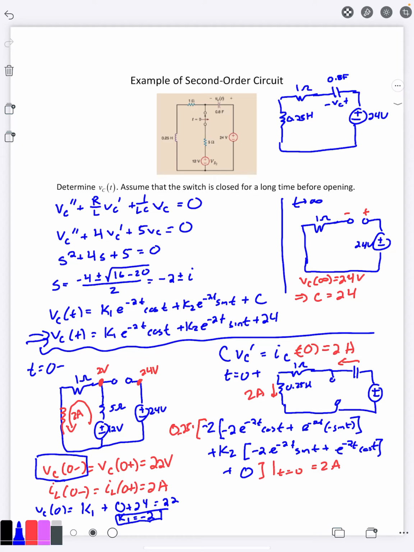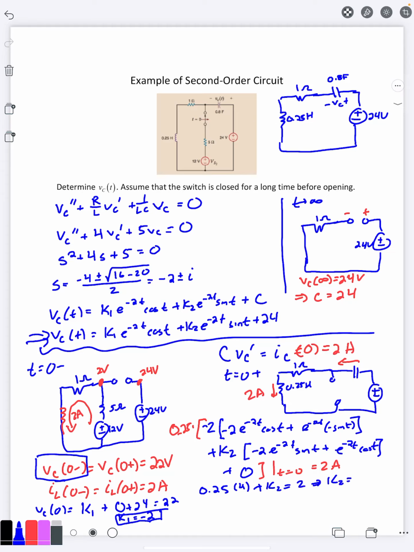So let's see what happens when you plug in 0 everywhere. Well, in the first term, we got a cosine and e are both going to go to 1, so it's going to be times negative 2, which is negative 2 times negative 2, positive 4. Second one with the sine is going to go to 0 because sine of 0 is 0. Third term, again, sine of 0 is 0. Fourth term is going to be just plus K2 equals 2.